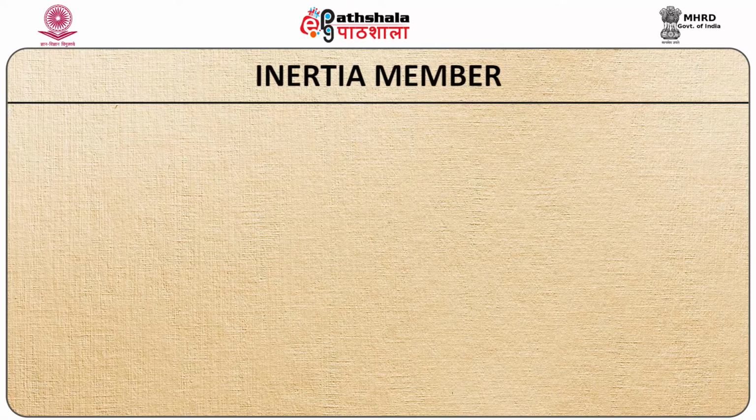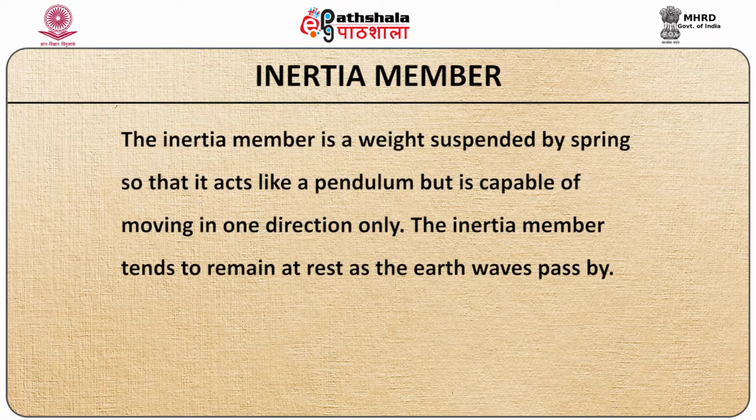The inertia member is a weight suspended by a spring so that it acts like a pendulum, but is capable of moving in one direction only. The inertia member tends to remain at rest as the earth waves pass by.